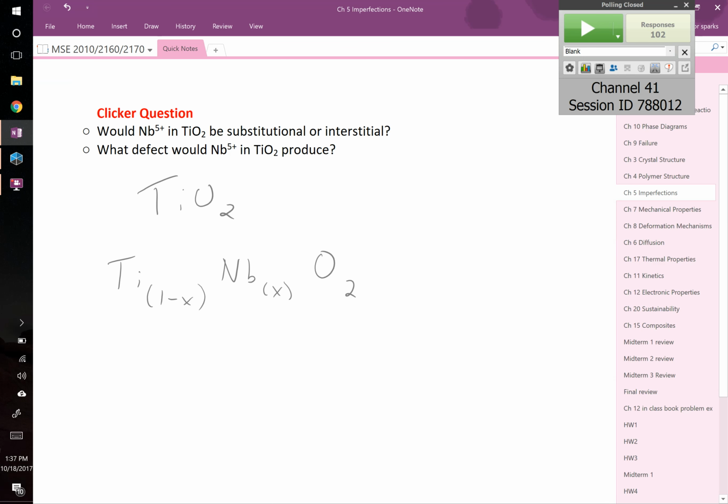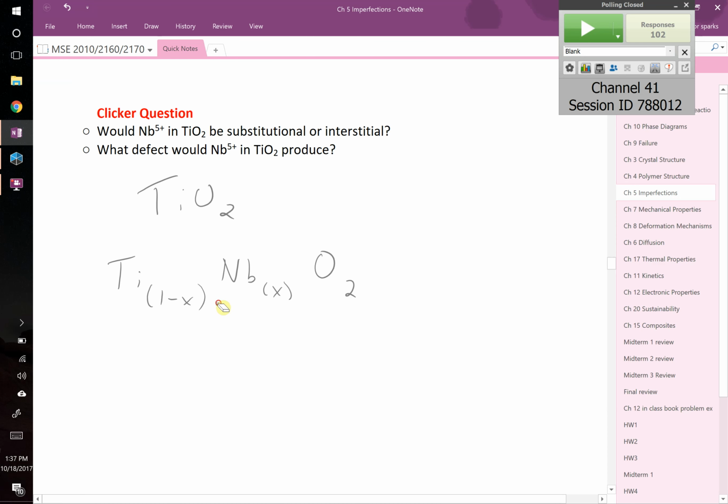Well, for every 1 niobium that substitutes a titanium, that's 1 excess charge. If we were to remove a titanium, we removed 4, so that overshot it, right? So for every 4 niobiums that you put in, you're going to have 1 missing titanium, right? That makes sense? So you have to modify that formula. We could write it out.